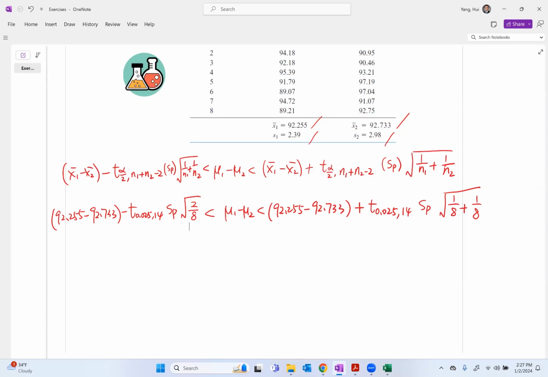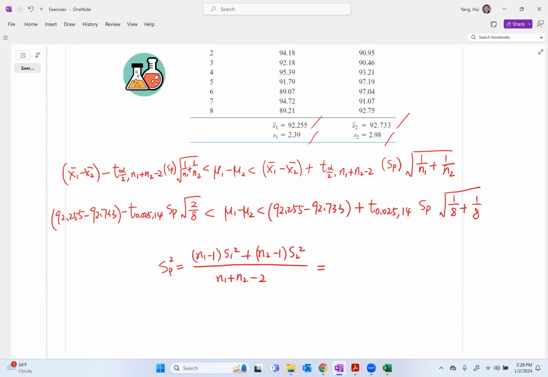Now we need to get Sp first. Sp is the pooled standard deviation, and Sp squared is the pooled variance. So this will be n1 minus 1 times S1 squared plus n2 minus 1 times S2 squared, over n1 plus n2 minus 2.